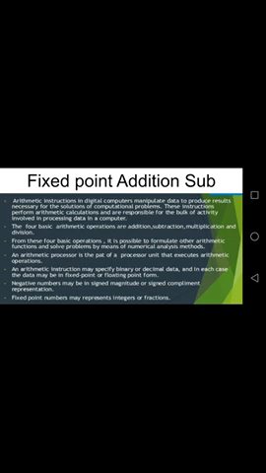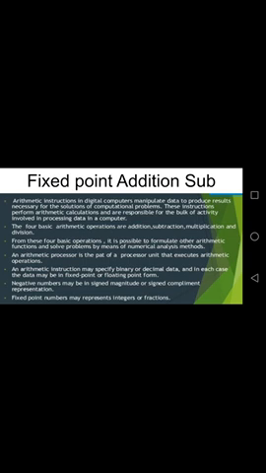this fixed point representation. So arithmetic instructions in digital computers manipulate the data to produce the results necessary for the solutions of computational problems. Remember, ultimately the ALU is the combinatorial circuit or the digital circuit which performs addition, subtraction, multiplication, division and mod, these kinds of arithmetic operations for executing any instructions.